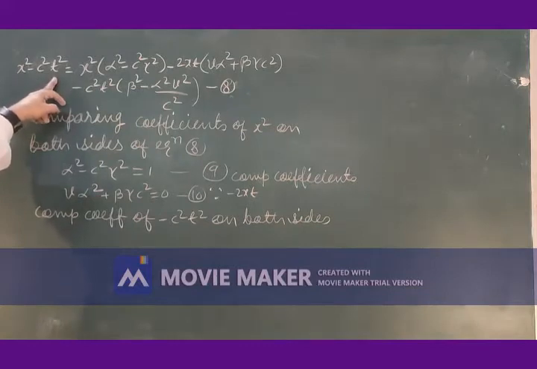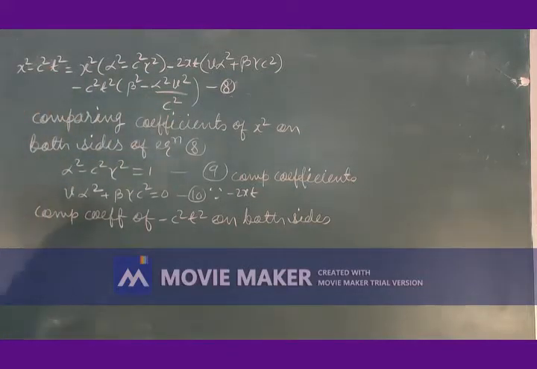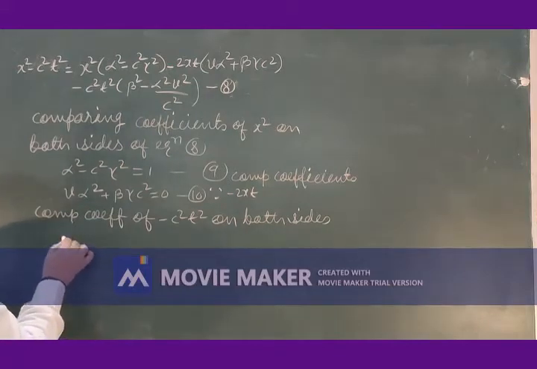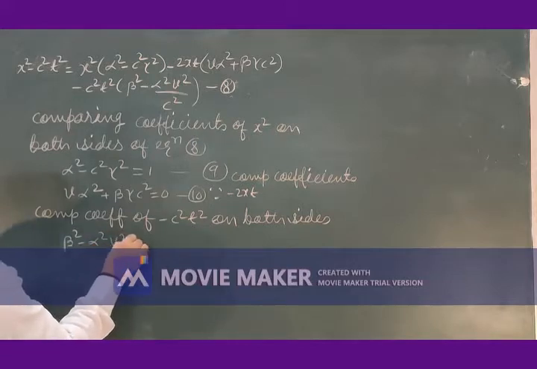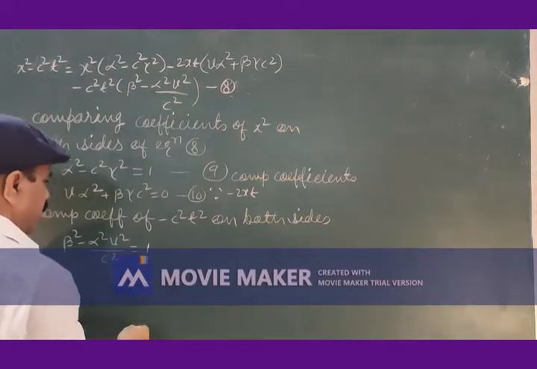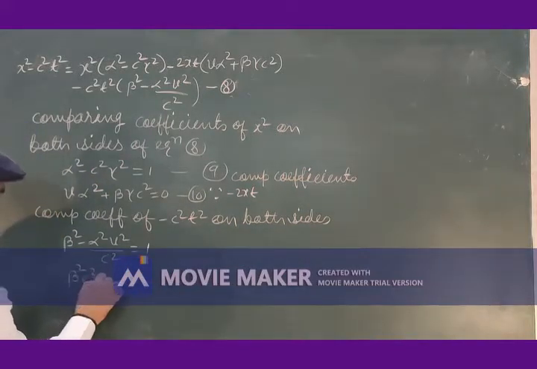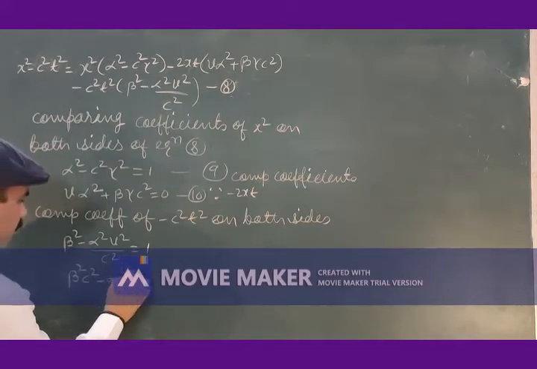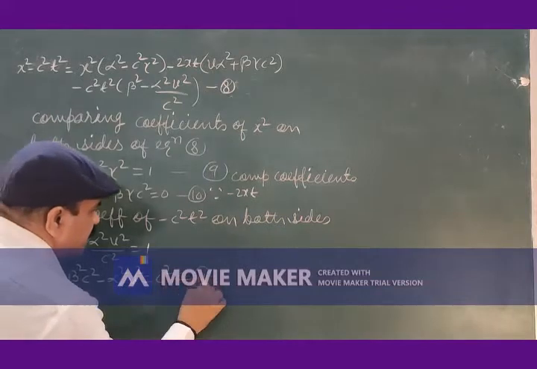The coefficient of minus c square t square is 1, and therefore this bracket should be equal to 1, and that is beta square minus v square alpha square divided by c square is equal to 1, or beta square c square minus alpha square v square is equal to c square.